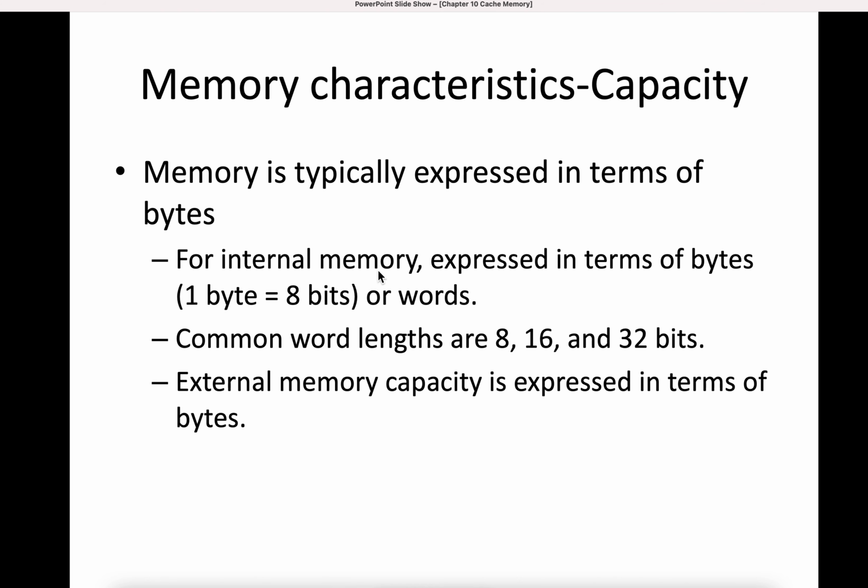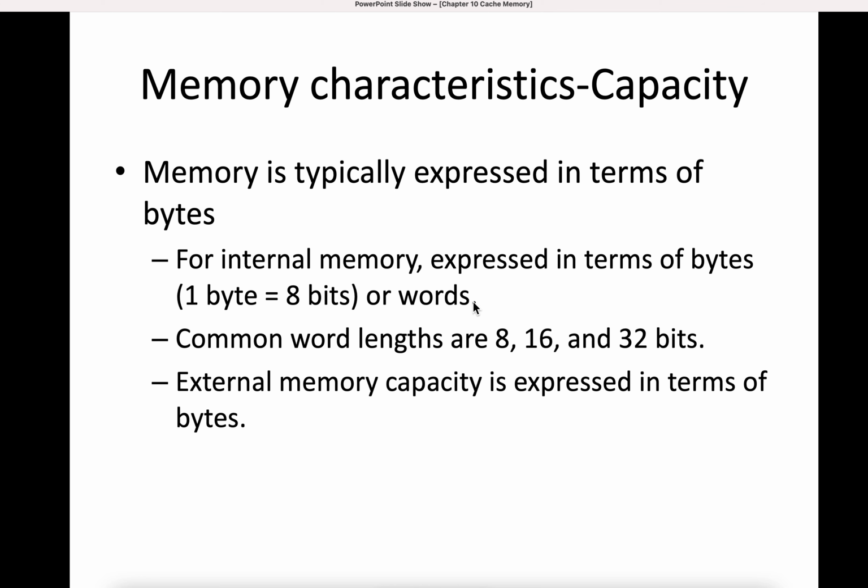Another characteristic for a memory system is the capacity. The memory is often expressed in terms of bytes, where 1 byte equals 8 bits, or words. If you remember, the unit word is often equal to the size of 32 bits.